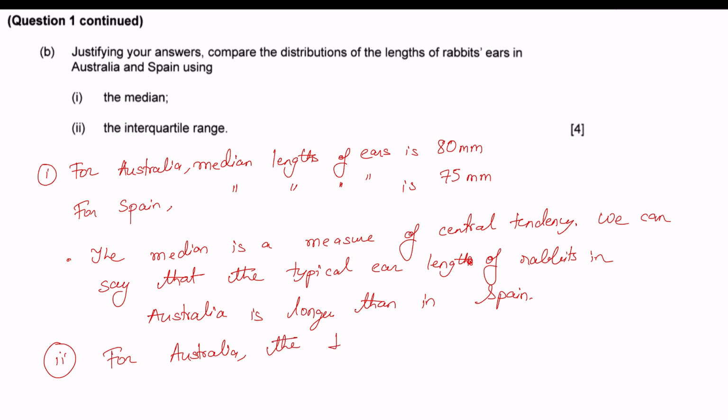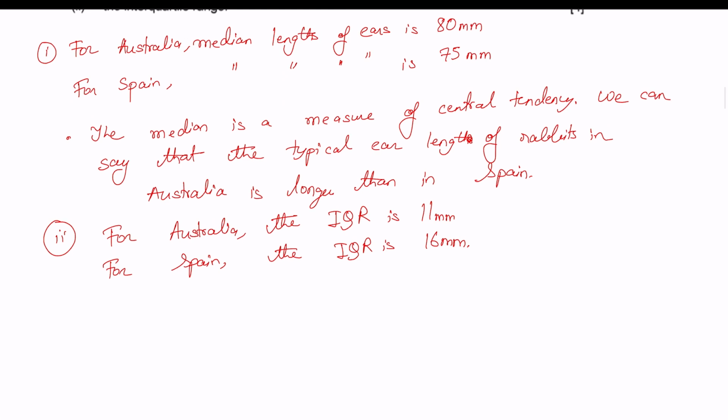For Australia, the IQR is 11 millimeters, and for Spain the IQR is 16 millimeters. We can say IQR measures the spread in the middle 50% of data.